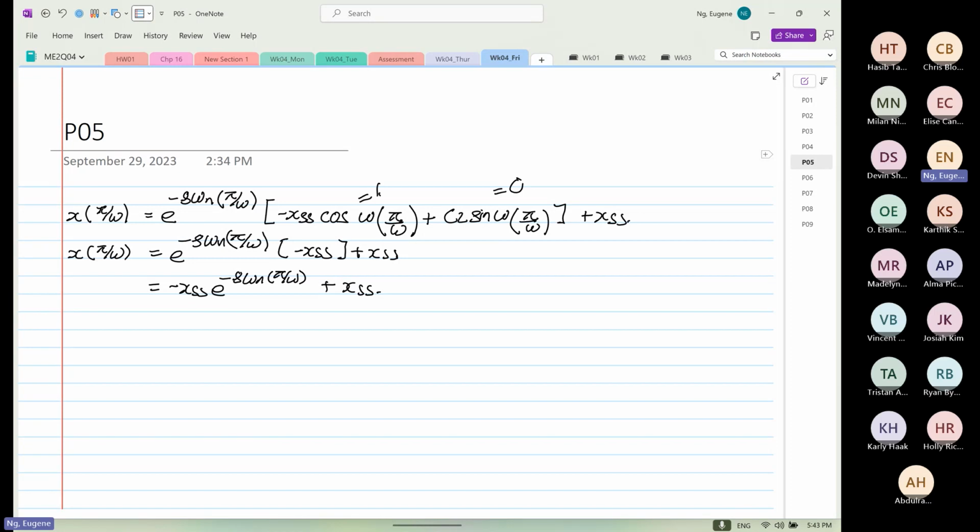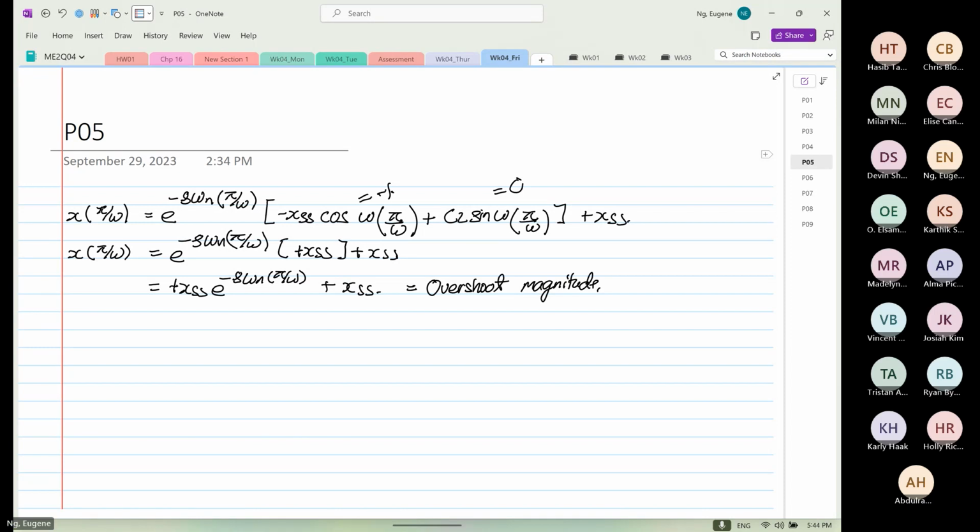So from here, sorry, this is minus, I do apologize. This is minus 1, so this will be plus. What we have derived is the overshoot magnitude.